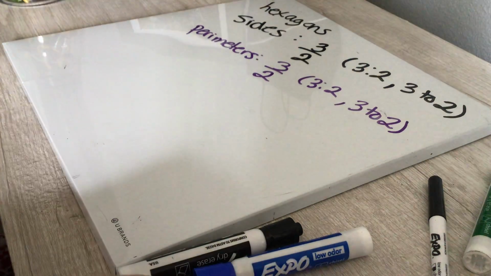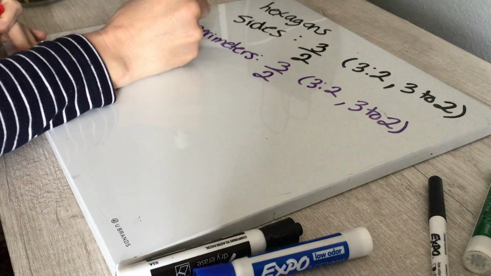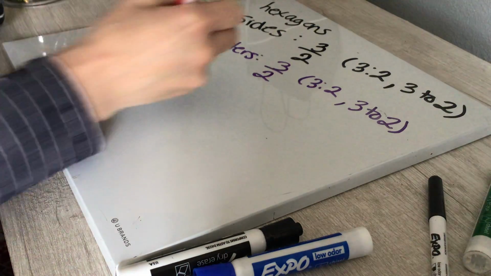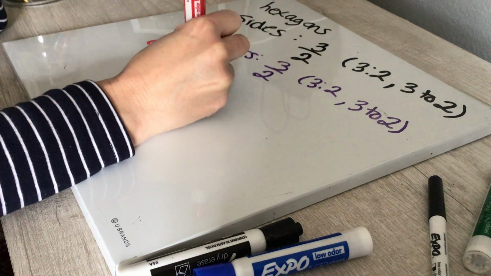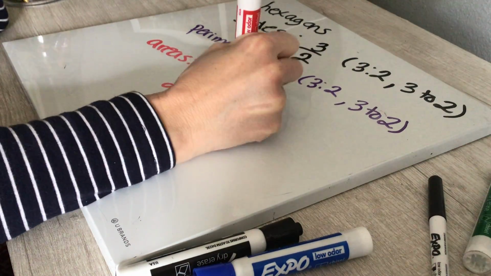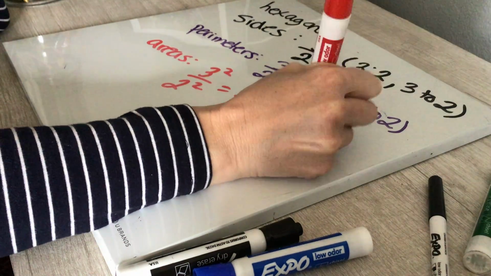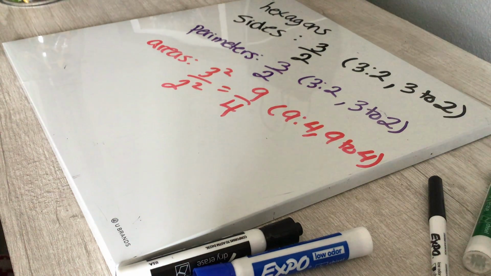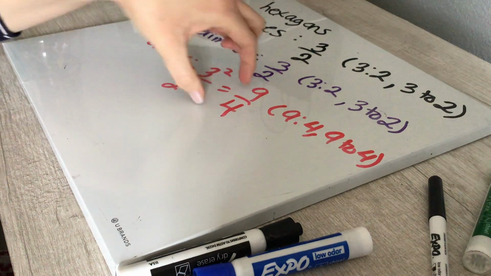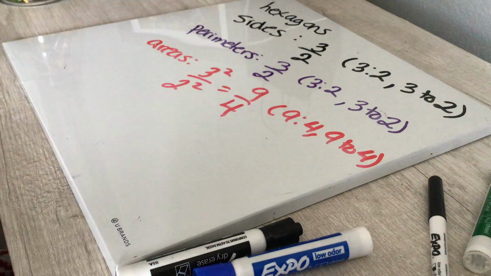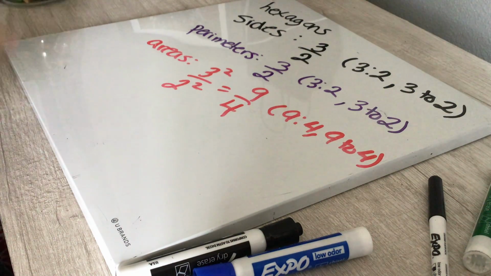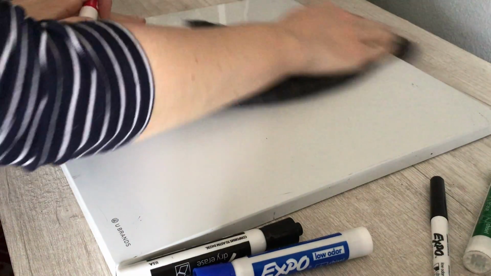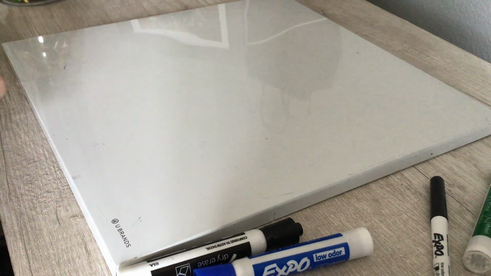The ratio of the areas is you square this, so 3 squared over 2 squared, so 9 to 4. You just take the ratio of the sides and square it to get the ratio of the areas, and the ratio of their perimeters is the same as the ratio of their sides.